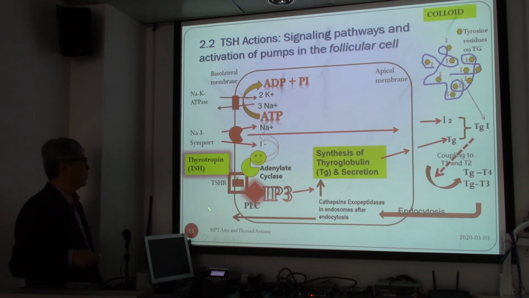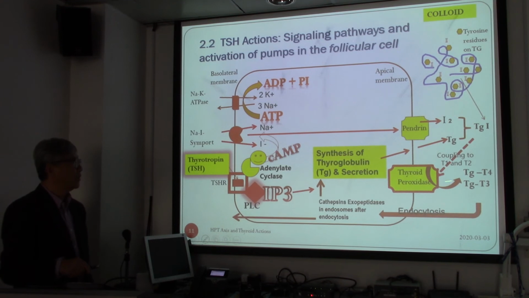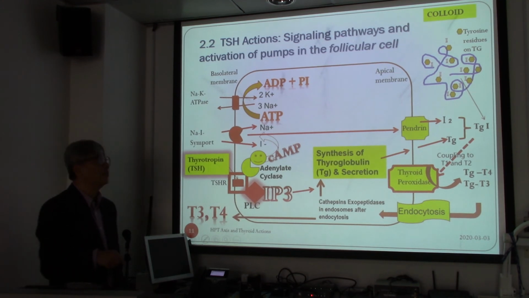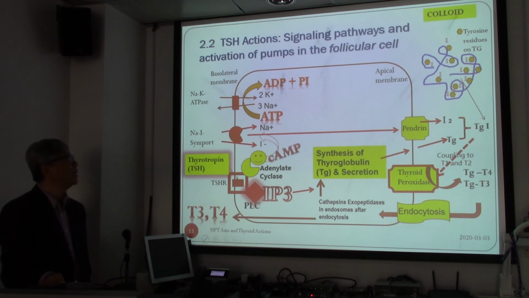That is for the production of T3 and T4. You go out, recycling cAMP. There's an enzyme here called pendrin to move in iodine and then move into the thyroid peroxidase, or sometimes known as iodinase, to produce T3, and then endocytosis. And then after this endosome, removing all those materials but recovering T3 and T4 from the protein thyroglobulin. That's for the production, and the whole thing is controlled by TSH.